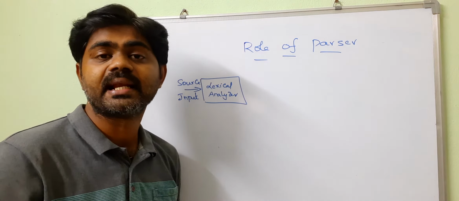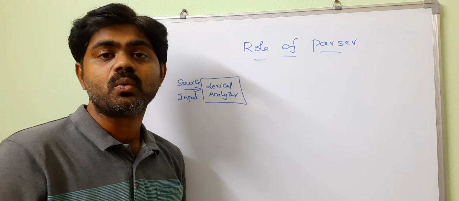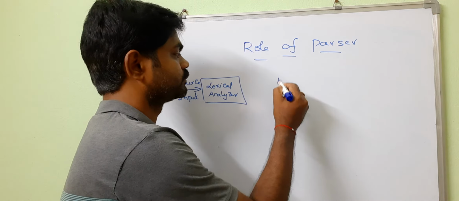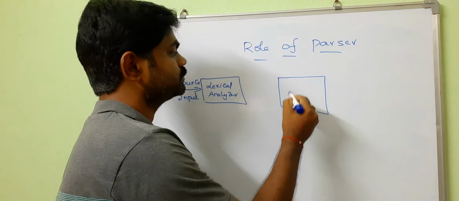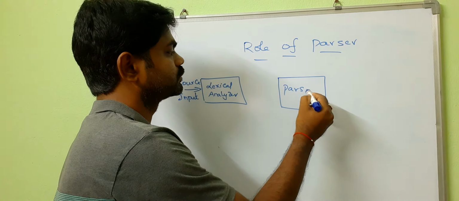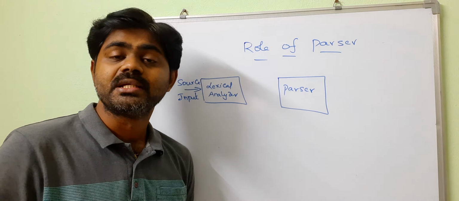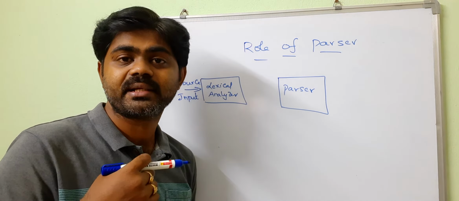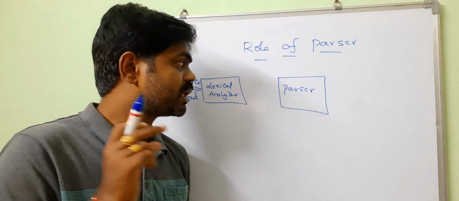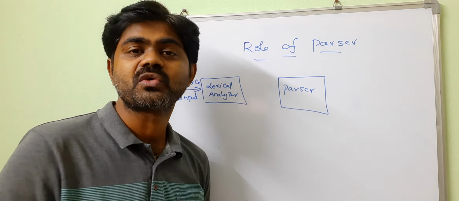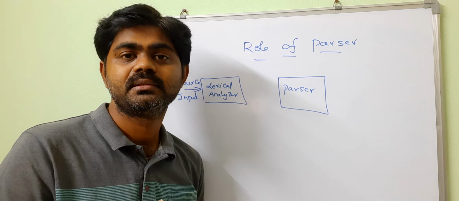So this is the lexical analyzer and we have a parser. The role of parsing is done by a parser, right? So how is this parsing done? What does the parser need?